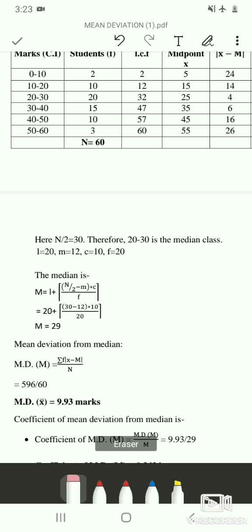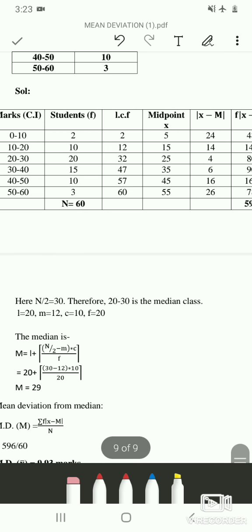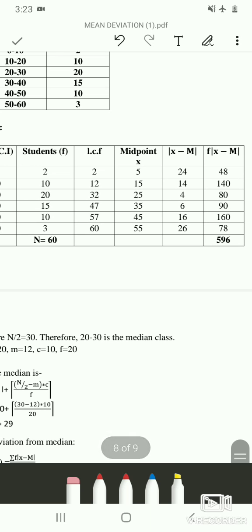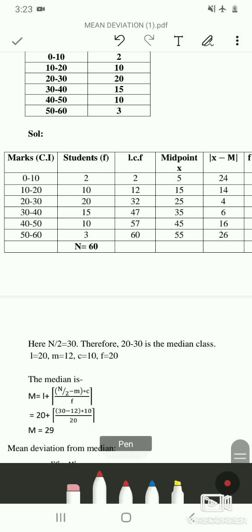So once you know median, the next step would be to form a table of x minus m, that is absolute value, or you can directly write this column, that is f into absolute value of x minus m. Also, this is a continuous case, so you have to obtain x, that is you have to obtain the midpoint.